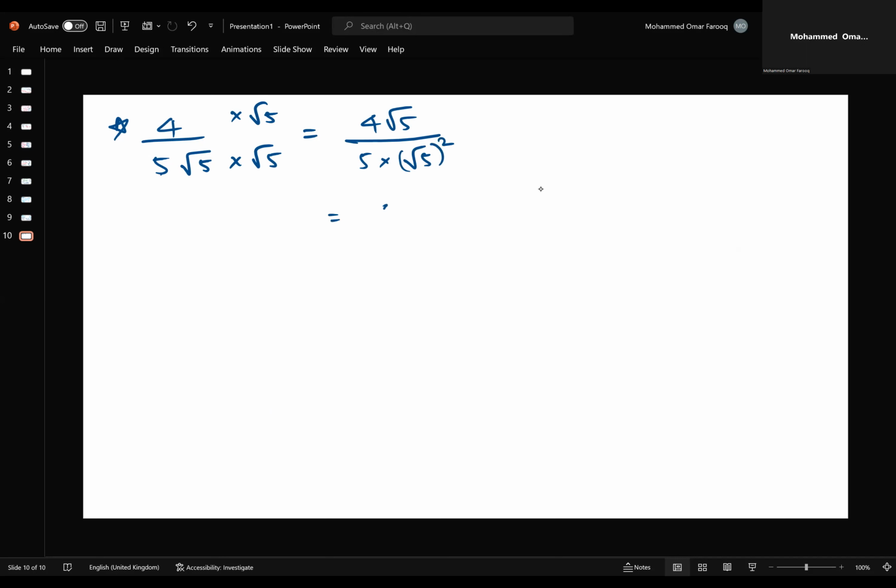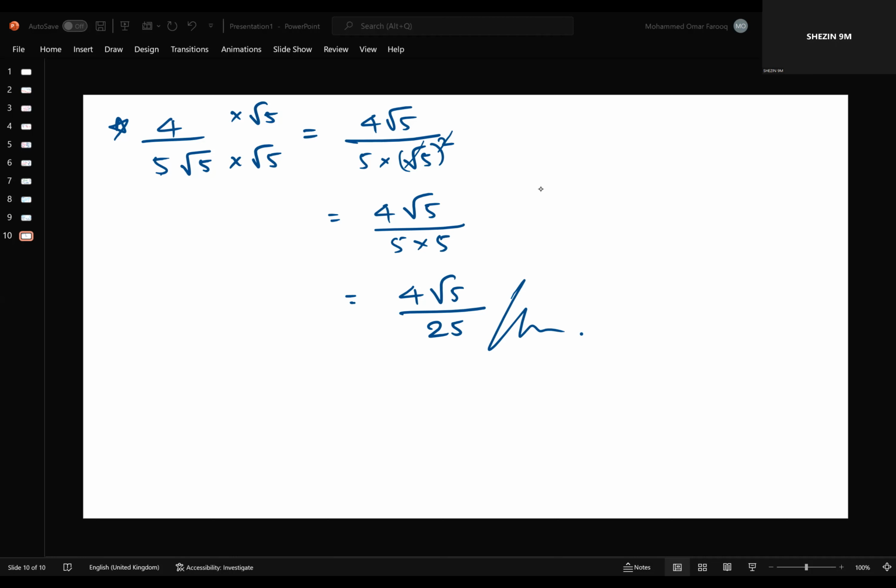So that is equal to 4 root 5 divided by 5, since the root and square cancel. So it is 4 root 5 divided by 5. So did you understand?